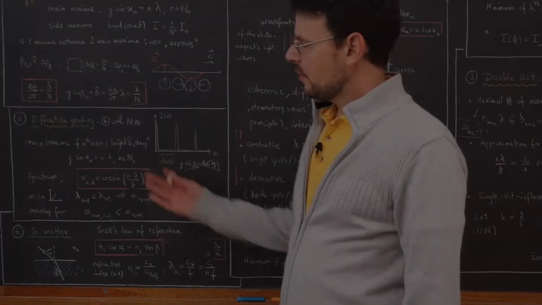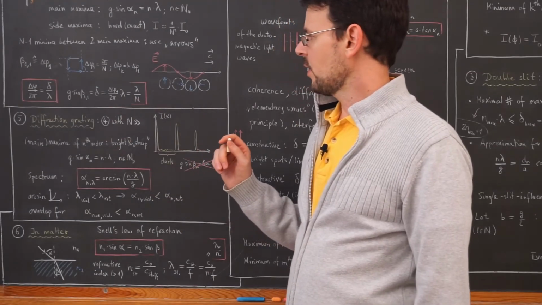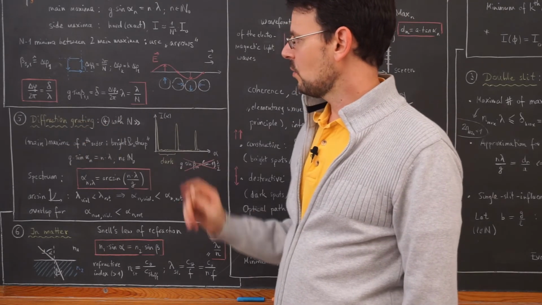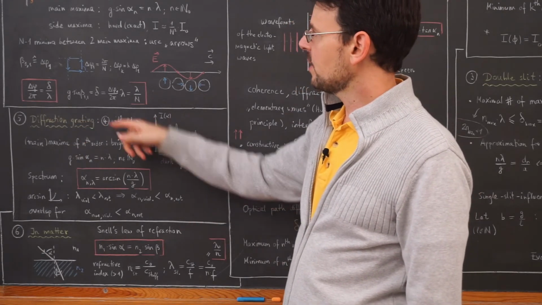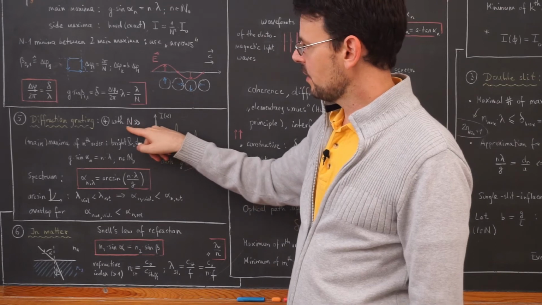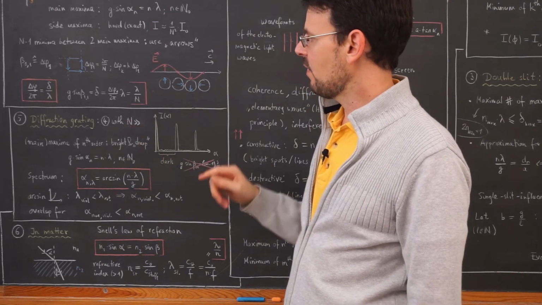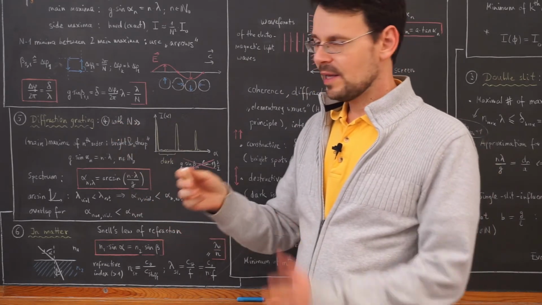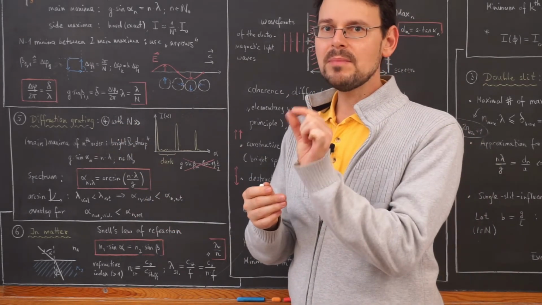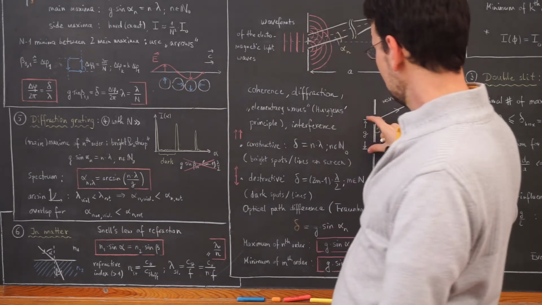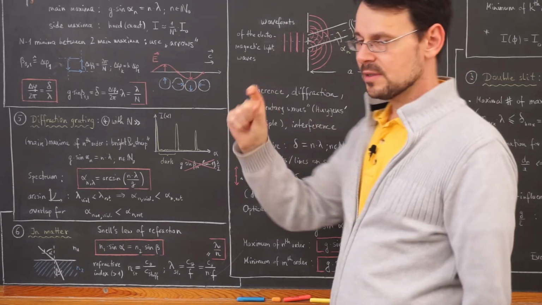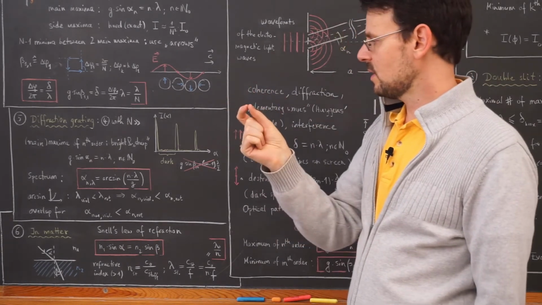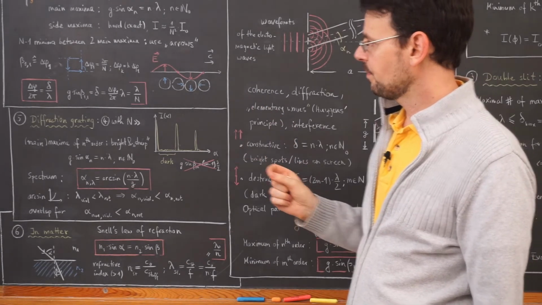Now the last diffraction object we're looking at is the so-called diffraction grating. This is simply a multiple slit, but the number of slits is very, very large. For example, there are gratings with 1,000 slits per millimeter. Accordingly, the g here, the distance between neighboring slits, is very, very small.